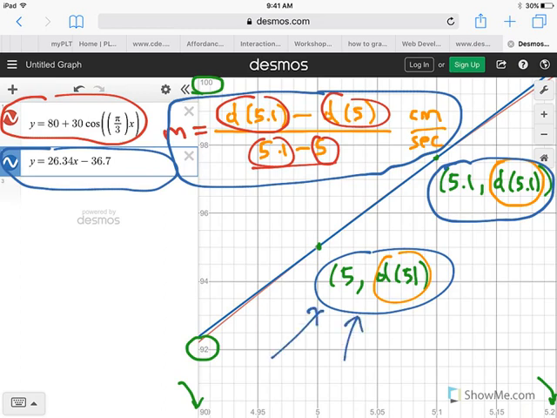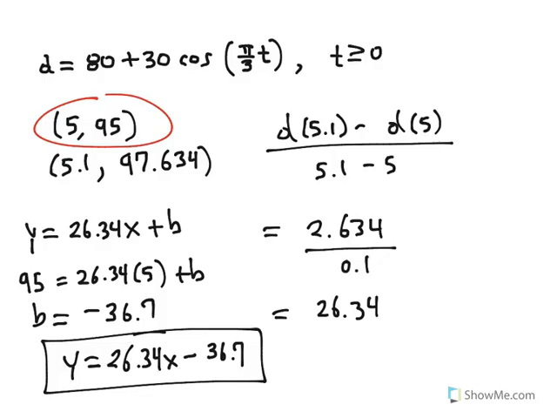We used this point, 5, d of 5, or 5, 95. This is the work that we did, first to find the average rate of change, which was the slope of the secant line, and then we used one point and the known slope and slope-intercept form to solve for the y-intercept, and this is the equation of the secant line.